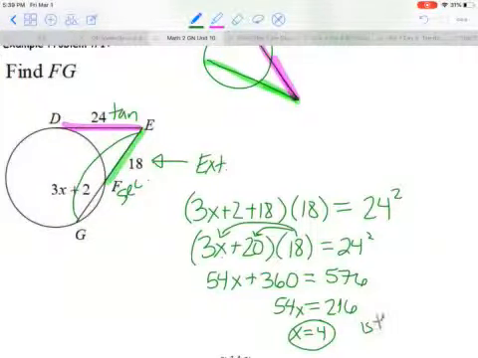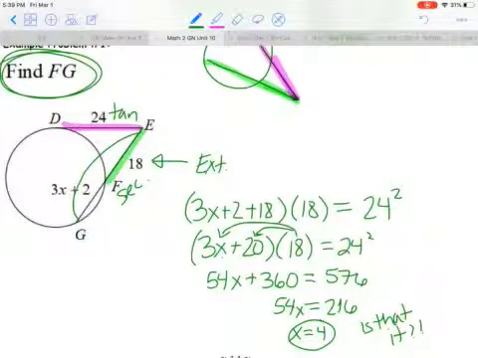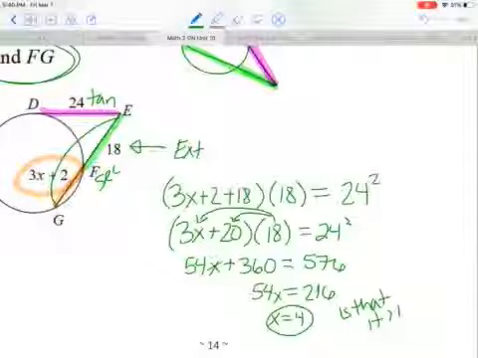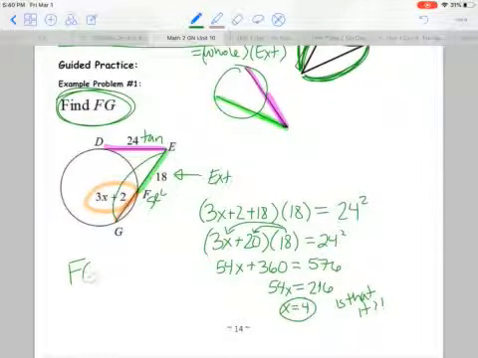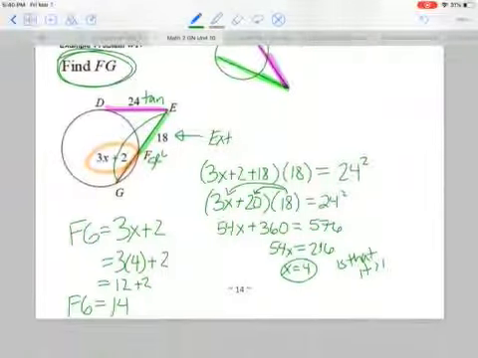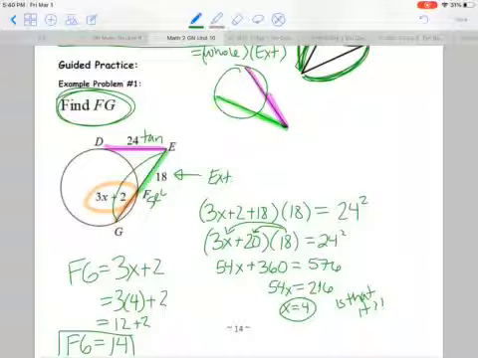Is that it? No, we've got to find FG. And if you look at our picture, F to G was just this equation. So we've got FG equals 3x plus 2, but we know x is 4. And I'm showing all my work, but I know you guys can do some of that in your head. So FG is 14.